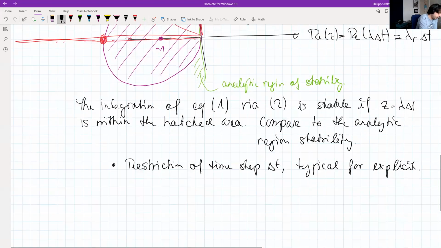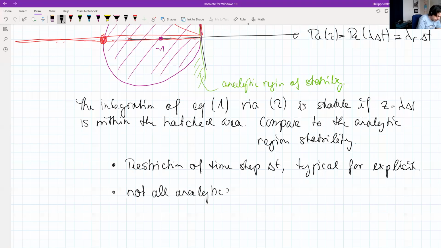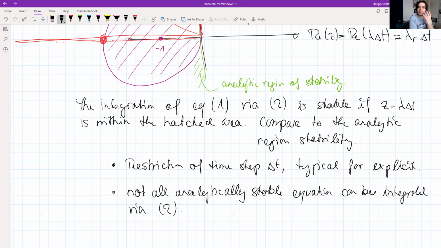Of course, that's an important thing to keep in mind. So not all analytically stable equations can be integrated in time via the discretization scheme number 2. Even though the original ODE would have been stable, would have led to an exponentially decaying solution, the time integration will lead to an exponentially growing solution.